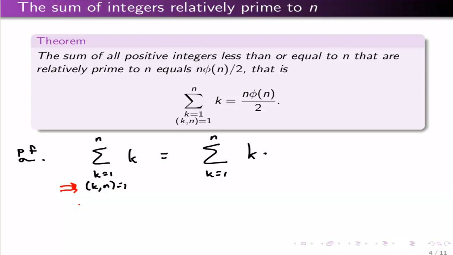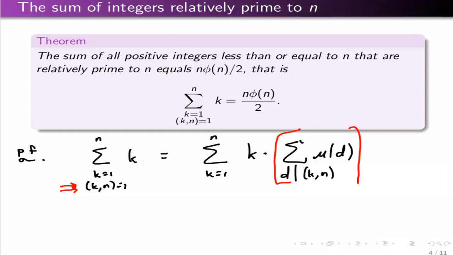So what I place right here is the characteristic function we just observed. So you sum over the divisors of the GCD of k and n of mu of d. Right? This quantity right here is equal to 1 precisely when k is relatively prime to n, and it'll equal 0 other times.